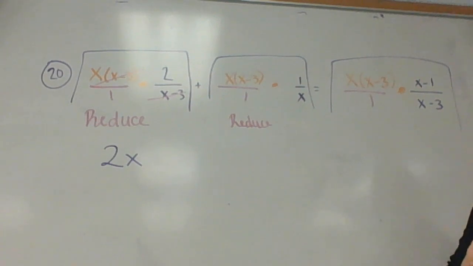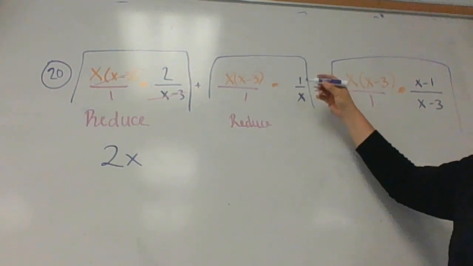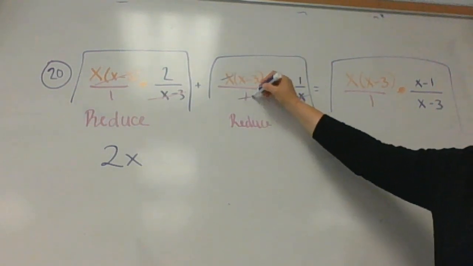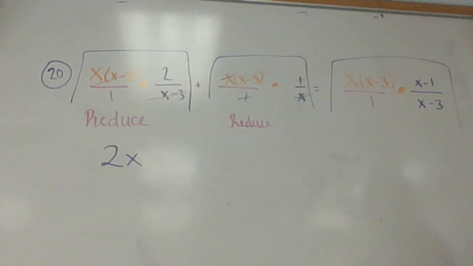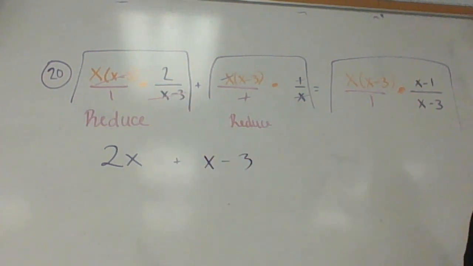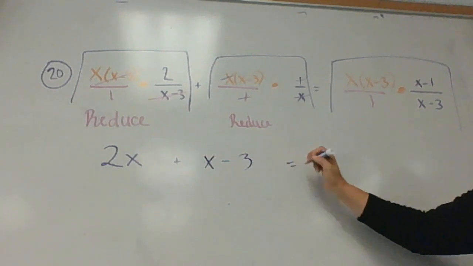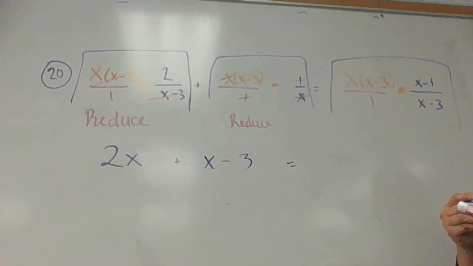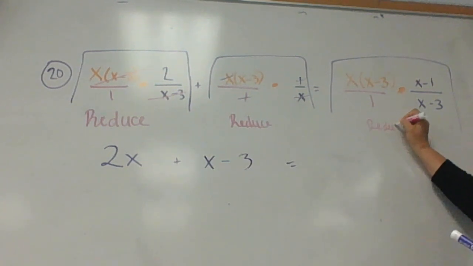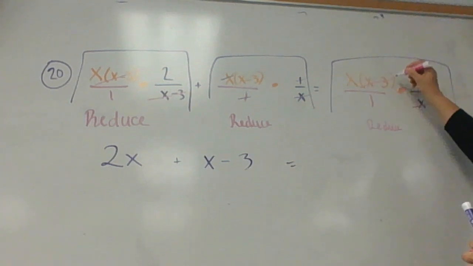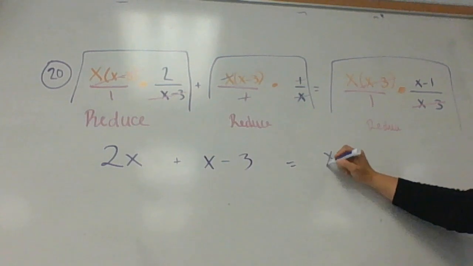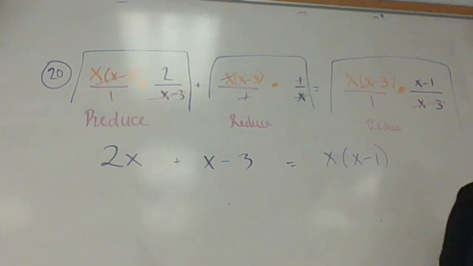Reduce. So in this middle bit, what can I cross out? Well, there's x's diagonal. So I'll cross out the x's, and cross out the 1. And I'm left with x minus 3. Equal sign. Reduce. X minus 3 cross out. And now, unfortunately, I have x times x minus 1.